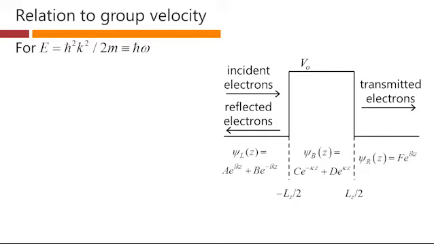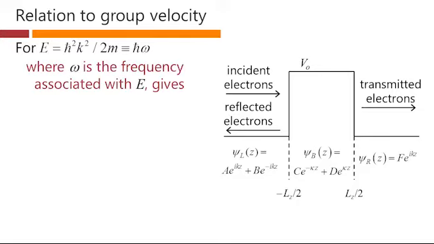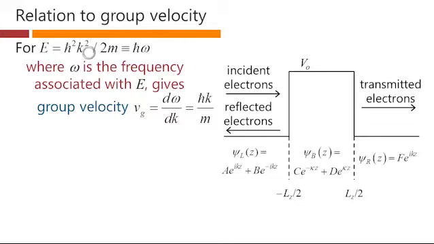If we think about how this relates to our ideas of group velocity, and we use this expression for the energy and equate it to an h bar omega, for omega being the effective frequency we're working with here, then we can deduce a group velocity. We know that group velocity is d omega by dk, and in this case here, from this expression up here, we would simply conclude that the group velocity is h bar k over m.